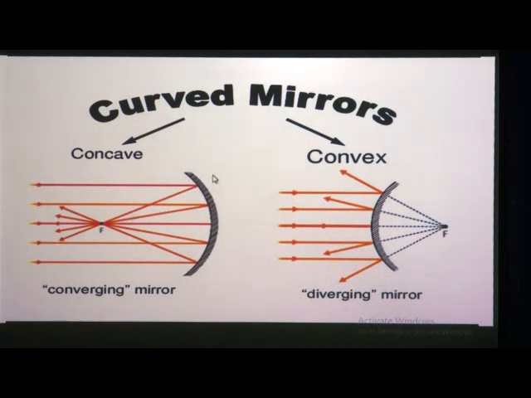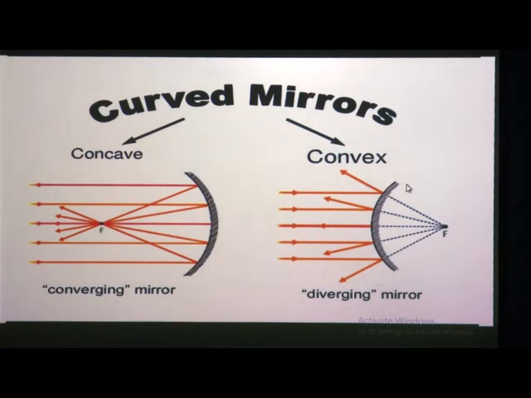So we learned that when we focus light on the concave mirror, you can see this light is going to reflect like this. When light is reflected from this concave mirror, the rays come together at the same point, called the focal point, and then they diverge. But in the convex mirror, these red or orange colored lines are nothing but light rays.